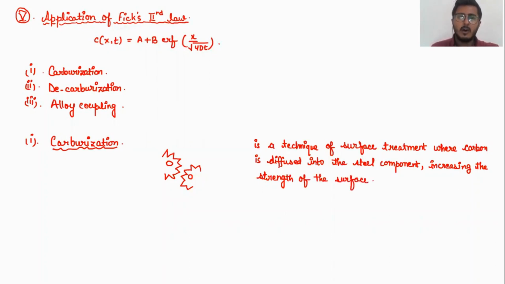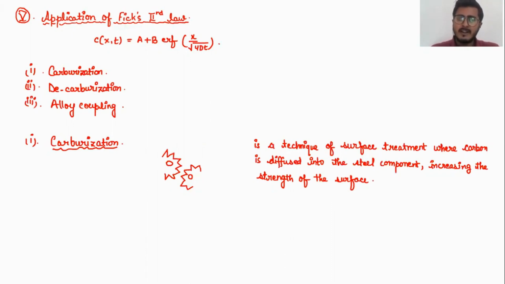So how this carburization is mainly done is what we are going to understand, and based upon that, we will see how Fick's second law is applicable for carburization, and what the solution of Fick's second law is for carburization.